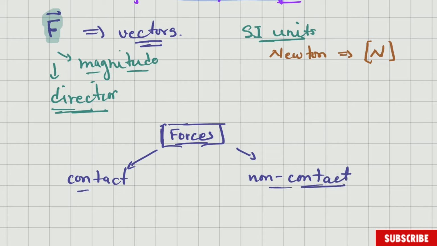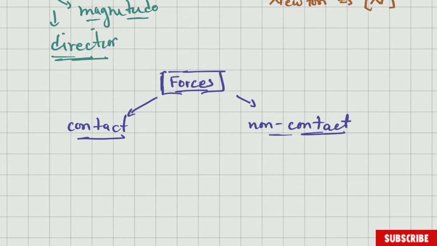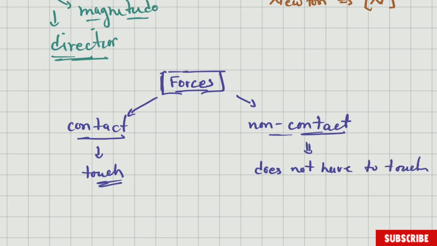As the name says, for the contact force there must be a touch to produce this change in the state of motion. But in the non-contact force, they do not have to touch.